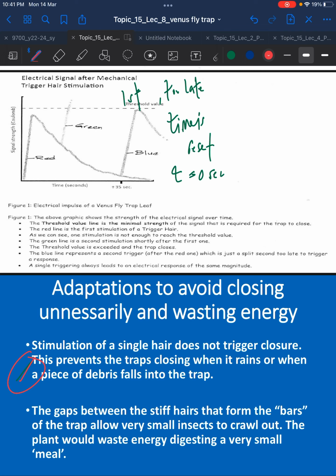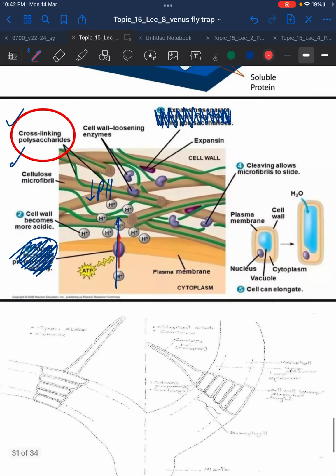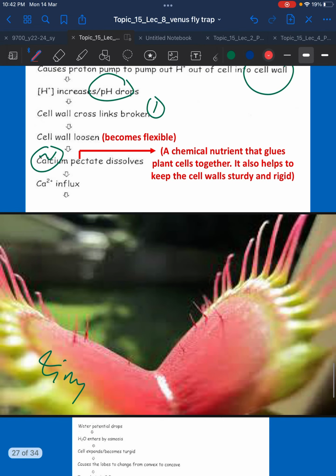And then the gaps between the stiff hairs that form the bars allow very small insects to crawl out. So for example, this one here, these are the gaps. Even if it manages to close, let's say the insect manages to deflect the first hair and then the second hair and then it closes, if it's very, very small, then it will be able to escape through these gaps.